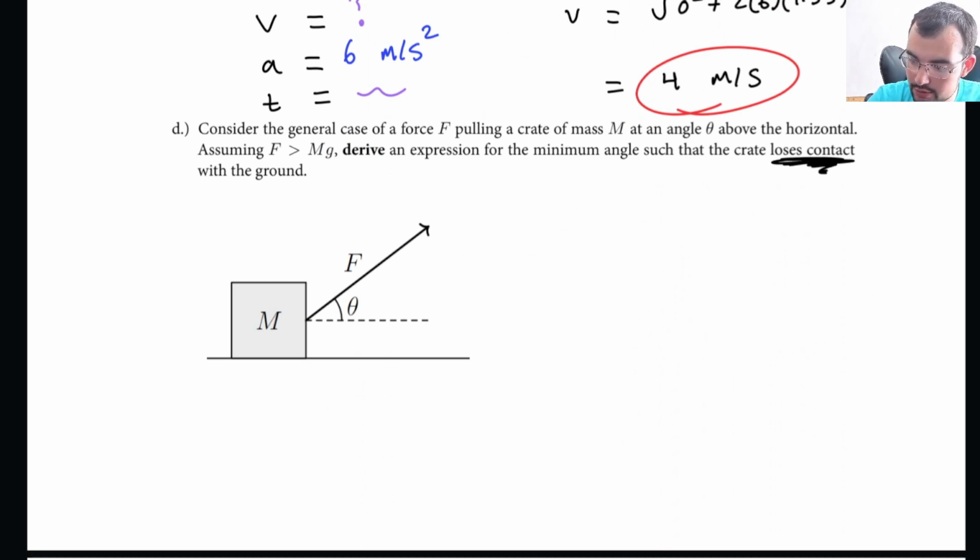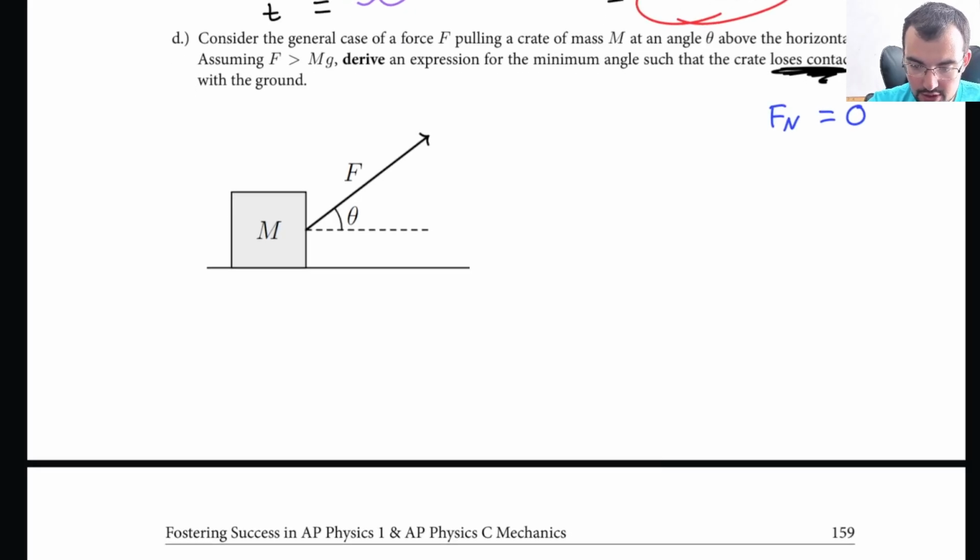Anytime you're talking about losing contact, that is a critical change that occurs when there is no normal force. So our vertical force balance looked like this, where the normal force plus the y component of tension together balance the gravitational force. We said in this limiting case, the normal force goes to 0.